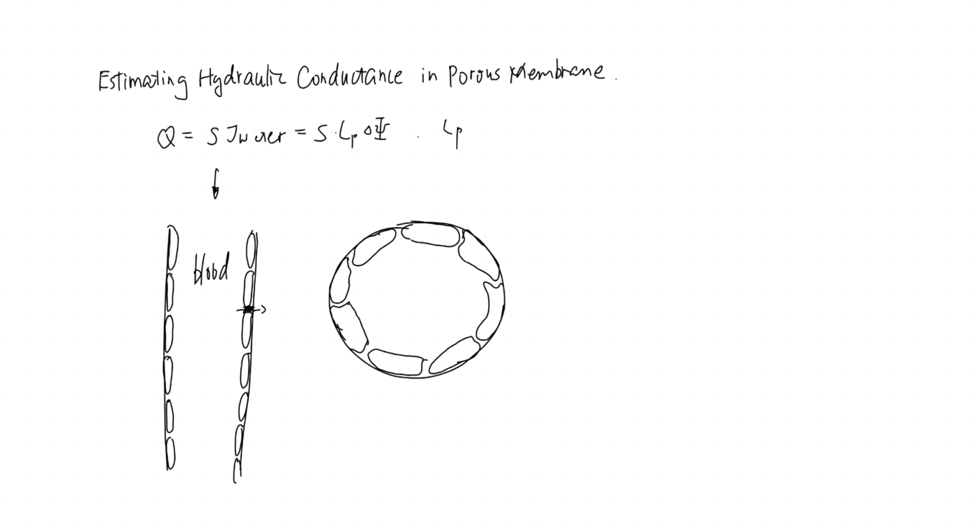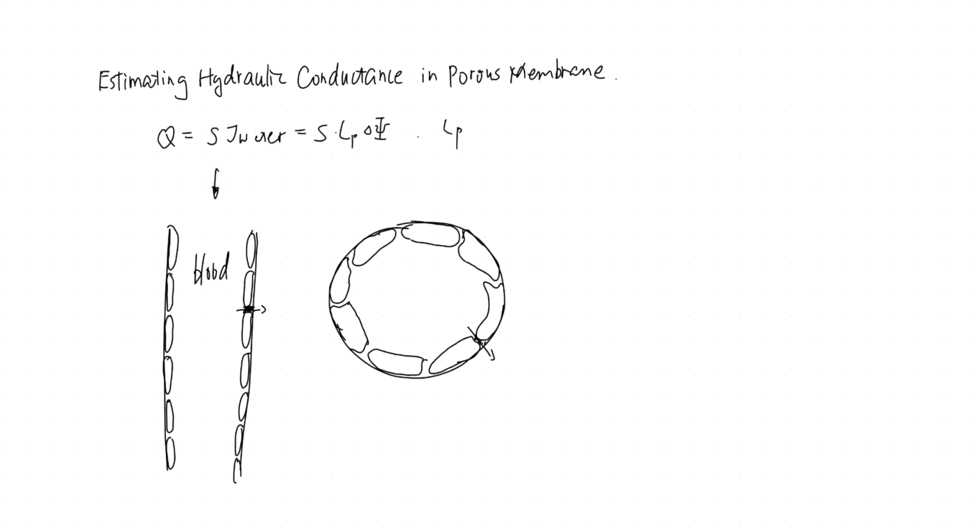And you will also see gaps here. It's the same gap there. So this is the geometrical features, or a visualization of how the gaps between endothelial cells can contribute to some pores, and that's what we call a porous membrane. So you can treat the endothelial wall as a porous membrane.